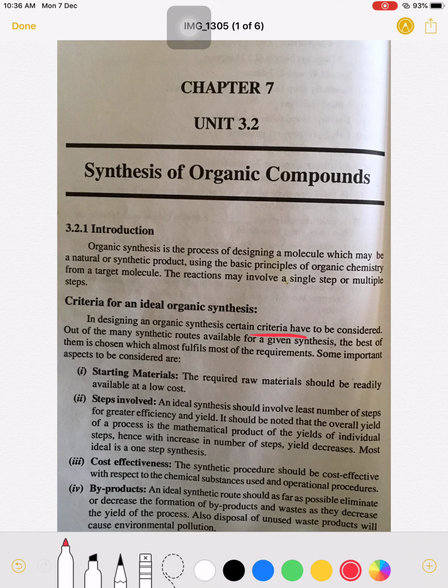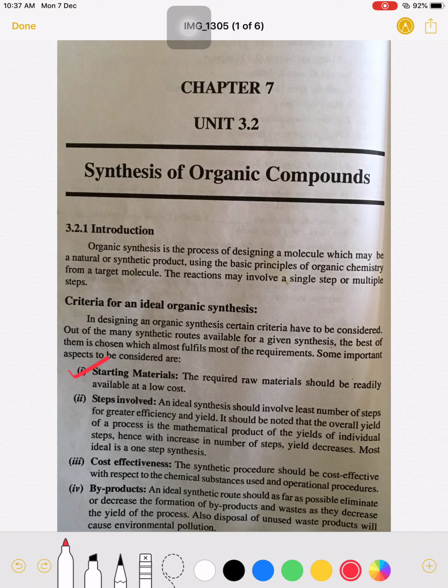So for a single compound we have different synthetic routes, and from those we have to choose the best, which fulfills all our requirements. Some important aspects to be considered are here: the starting material, the steps which are involved, the cost effectiveness and the byproduct.